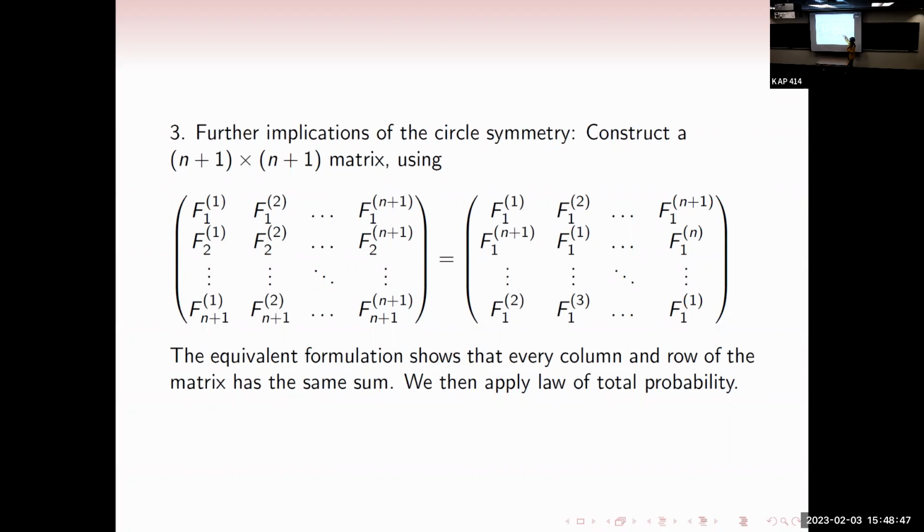So it's a horizontal shift starting from the second row, and then it's always a shift. All these numbers are the same, and then you can see that the row sum will be the same as the column sum. So the row sum and the column sum is always the sum of F_1 with the different subscripts. And then we use some total probability and doing a little bit more trick, we can get the result.